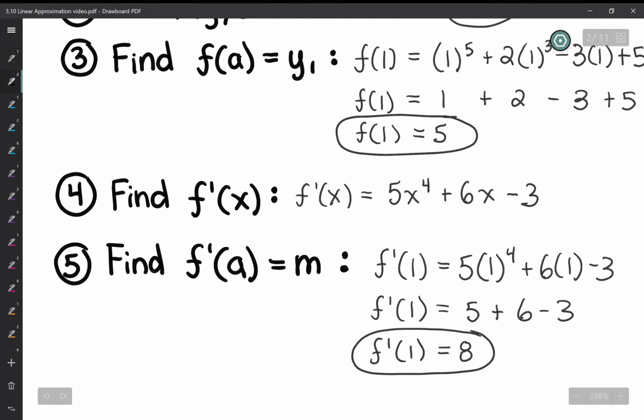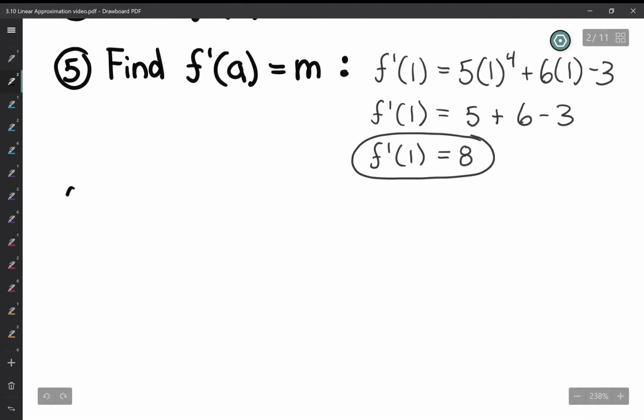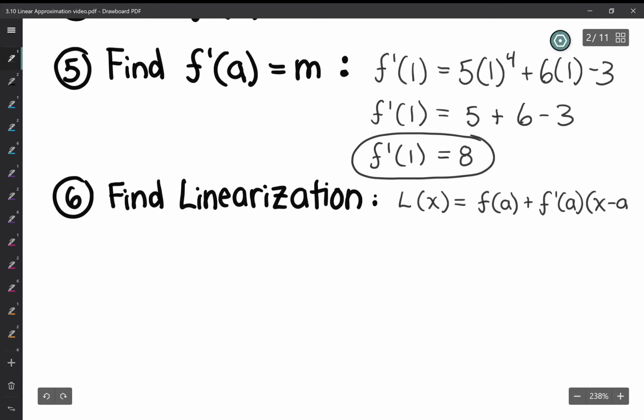Now we have all of the pieces that we need in order to find the linearization. So let's do it. We know that L of x is equal to f of a plus f prime of a times the quantity x minus a.